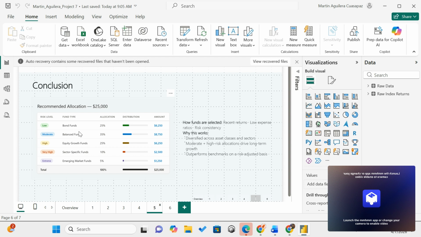But we can also see the balanced funds are moderate and will give you more money.